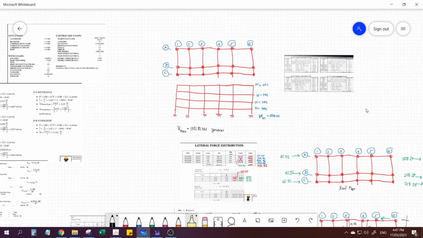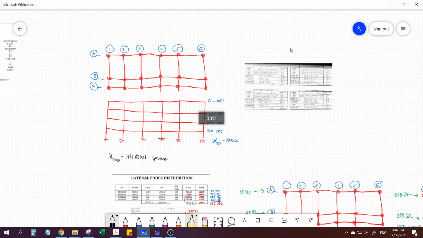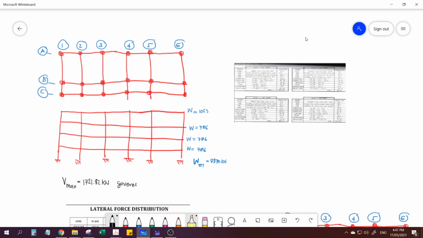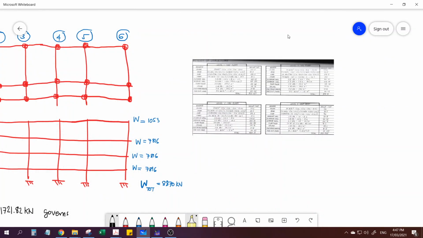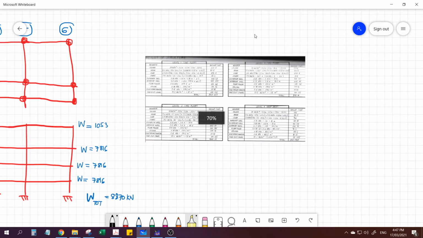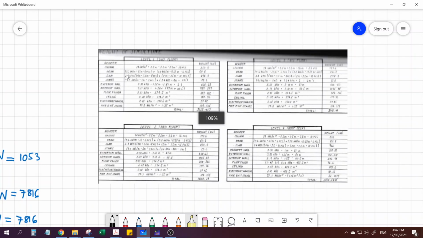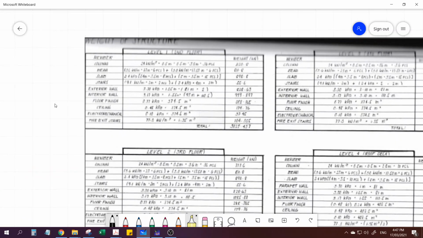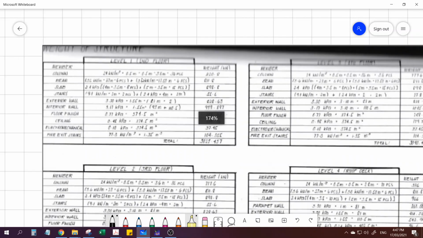So assuming you are okay with the formulas, how do you find the weight per floor? The idea is you just need to get the weight per floor. So we have a sample calculation here. Very manual lang, because this is also what you will do, manual calculation.